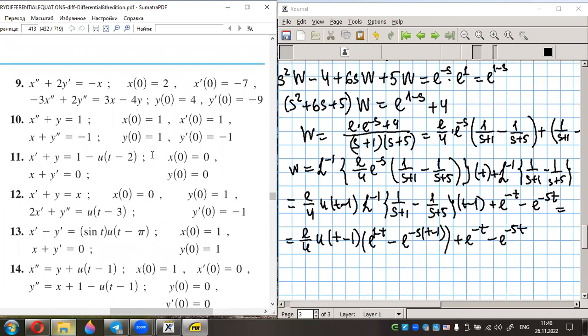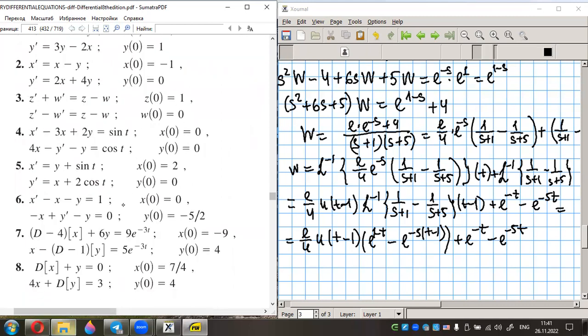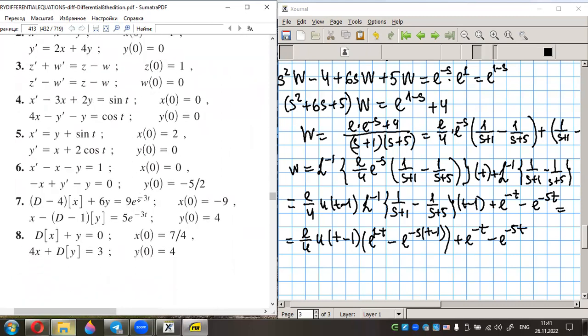From this homework, you want? I don't know. Yes, maybe, because in the lecture we solved systems with delta, and I see from this homework, because the new homework is from this page. What number? 430.